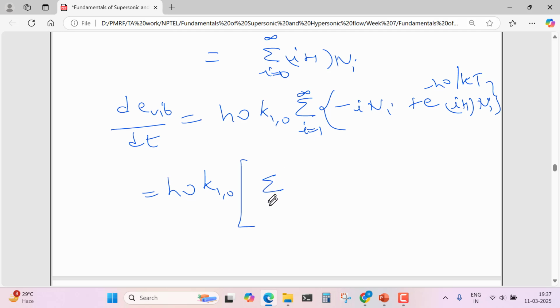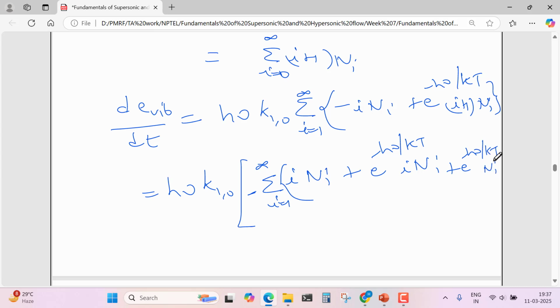We write this term separately, sigma i equal to 1 to infinity minus i n_i plus e to the power minus h nu upon kt i n_i plus e to the power minus h nu upon kt n_i.